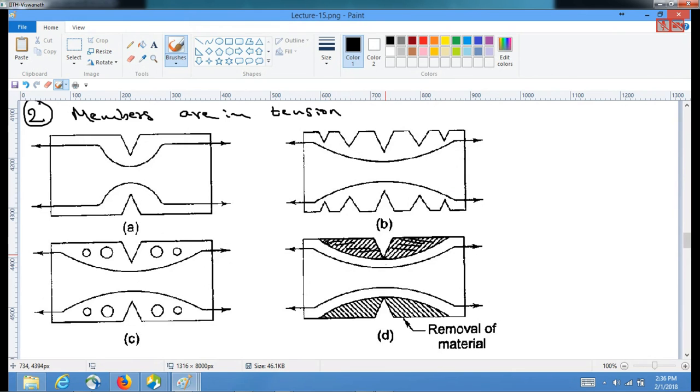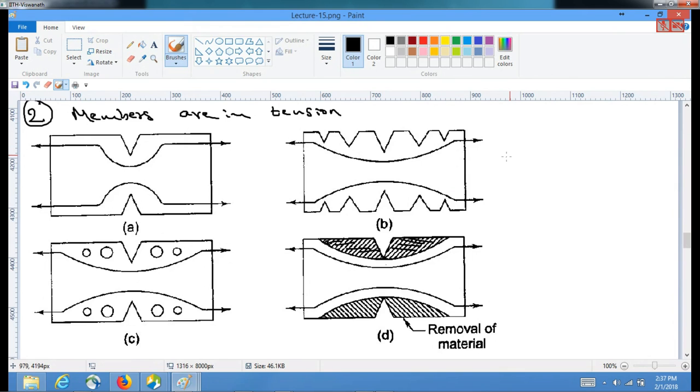It's not only that stress increases. Sometimes stress can also become singular for different kinds of notches depending upon this angle. So instead of having a notch, it is better to remove that material and create a gradual change in the cross section by cutting off the material in this manner. So in this case, members are in tension with multiple notches or discontinuities.